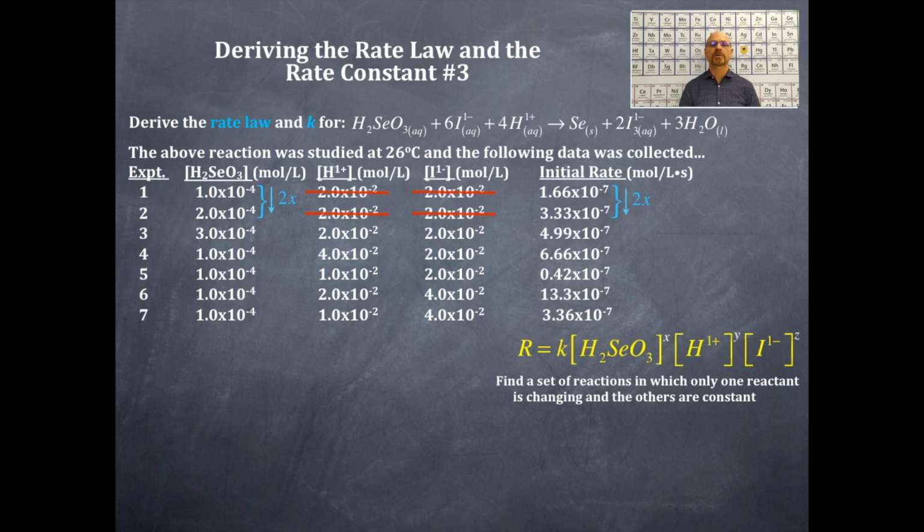If you double the concentration and quadruple the rate, that is second order. The most common ones that you will receive are 0, first, and second order. Although there can be other orders as well.